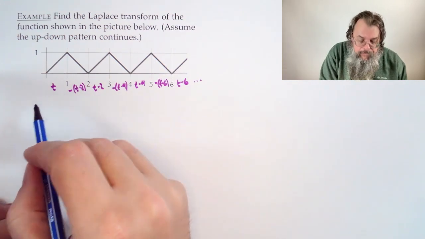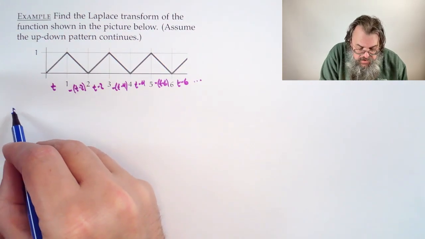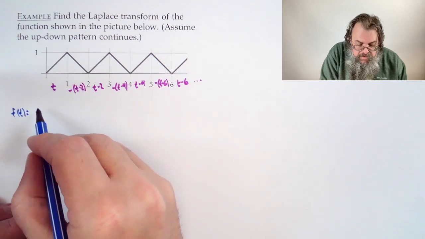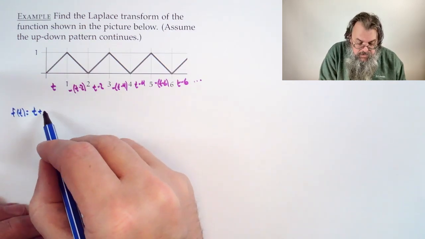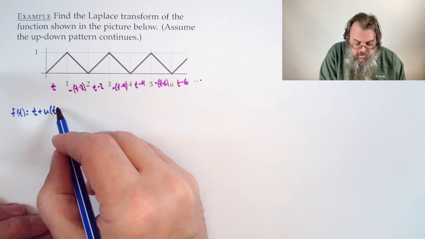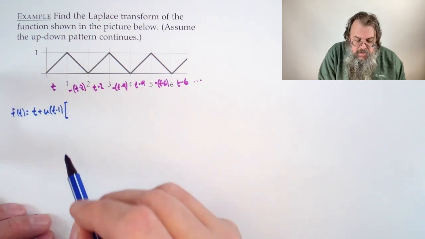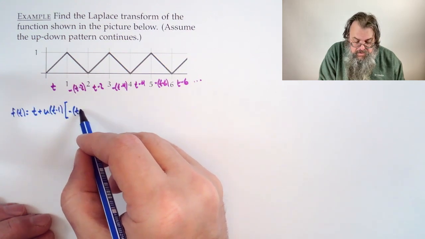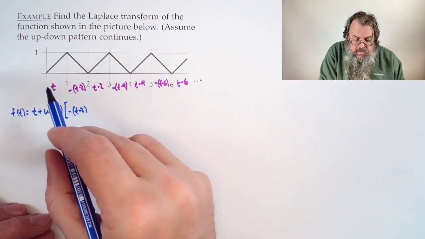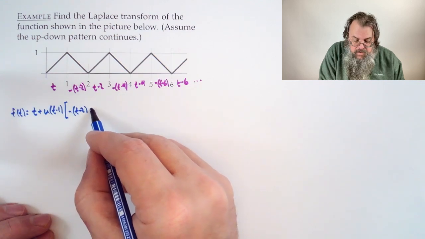It's t. So we have that our function looks like t plus change in behavior at 1, which means we're going to do an on-off switch, u of t minus 1. And now our behavior afterwards is minus t minus 2, with a negative in front, and subtract the behavior before.